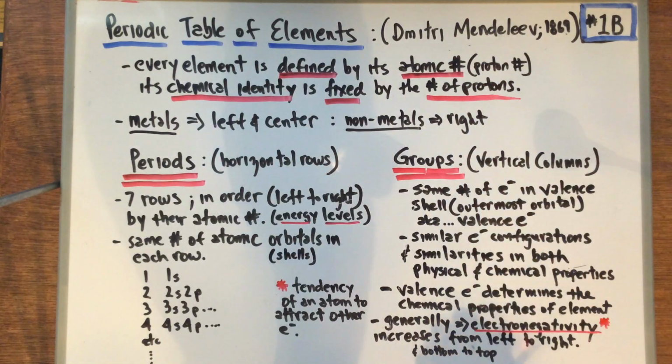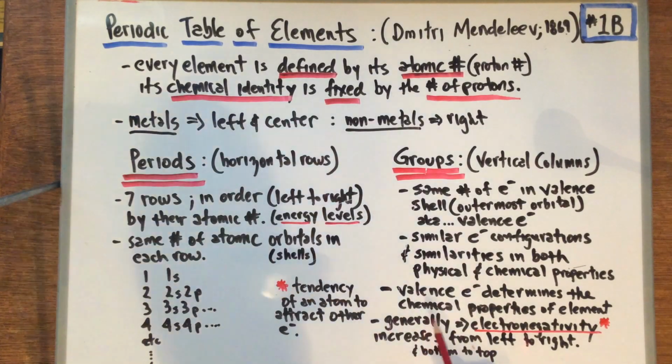They all have similar electron configurations, and the similarities are in both their physical and chemical properties. It can be stated that the valence electrons basically determine the chemical properties of that element. So it's important to understand how these periods and groups work together in the formation, groupings, and arrangements of these elements in the periodic table.